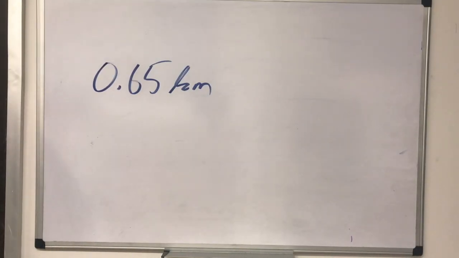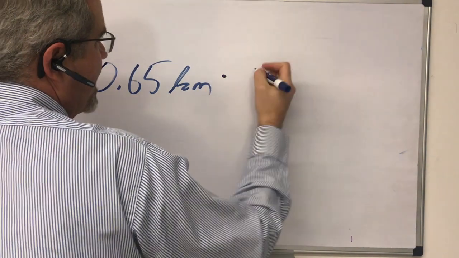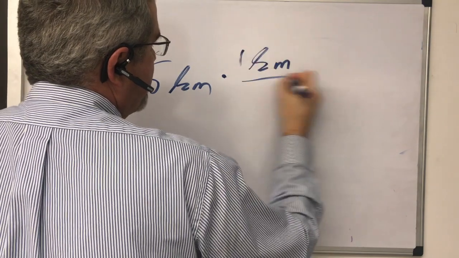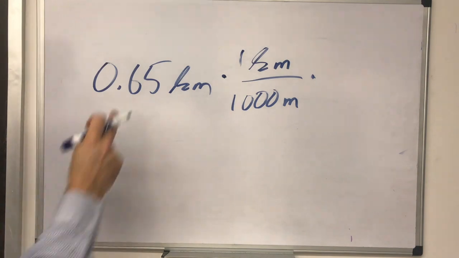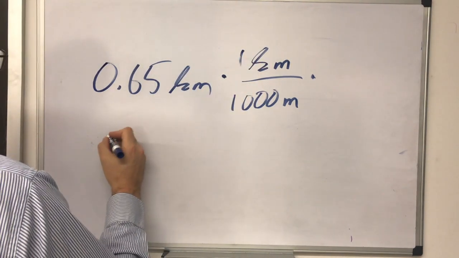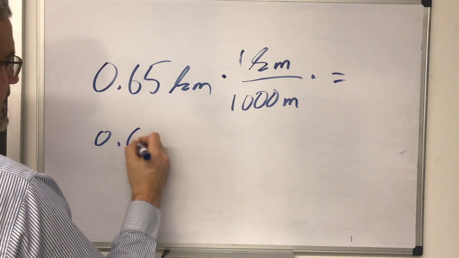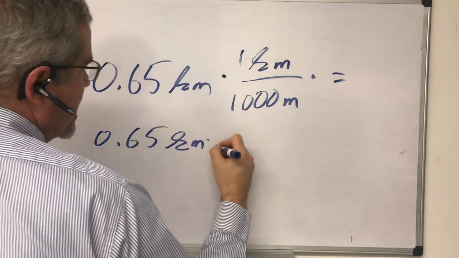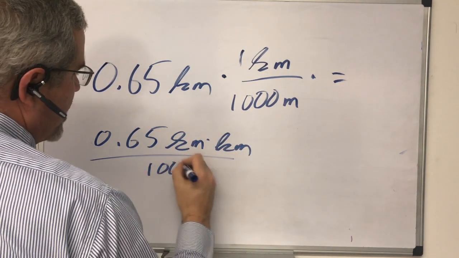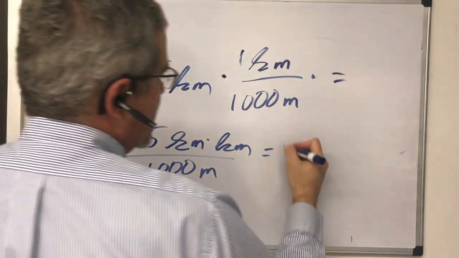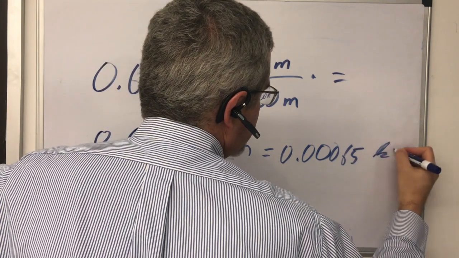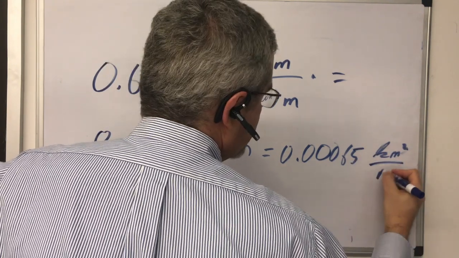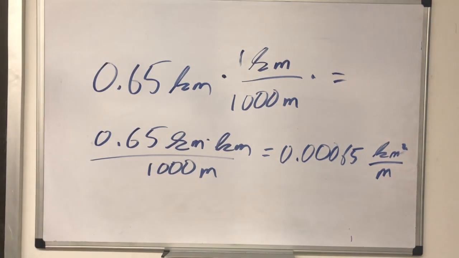Notice, by the way, that if I got my fraction upside down like this, instead of having kilometers on the bottom, I accidentally put it on the top, and I tried to multiply through, I would have gotten 0.65 kilometers times kilometers divided by 1,000 meters, which equals 0.00065 kilometers squared divided by meters, so square kilometers per meter.